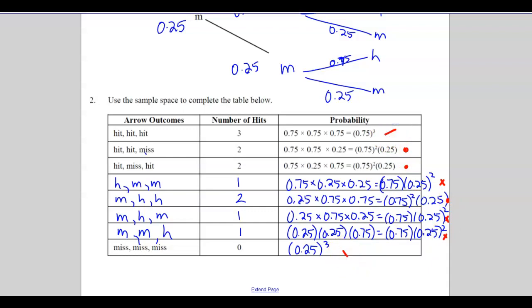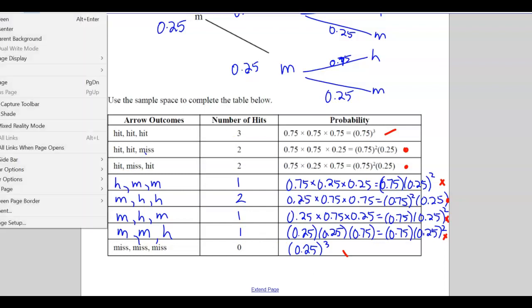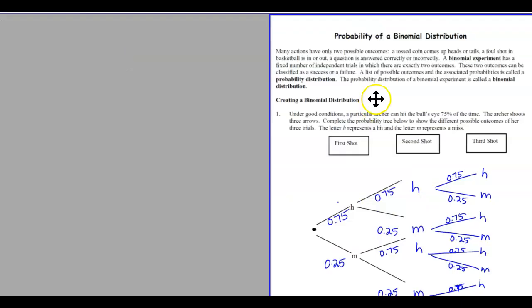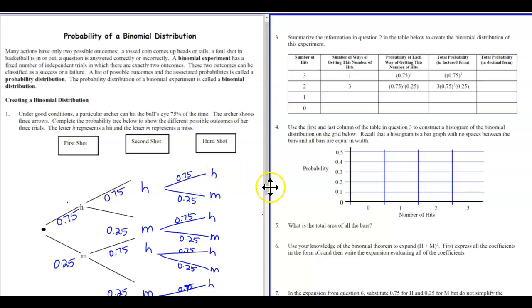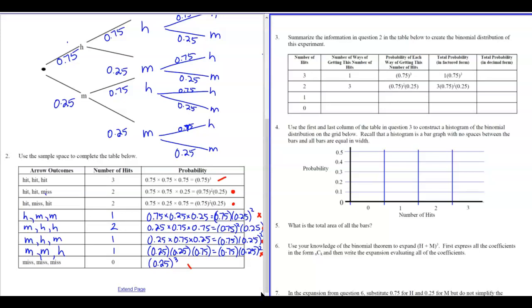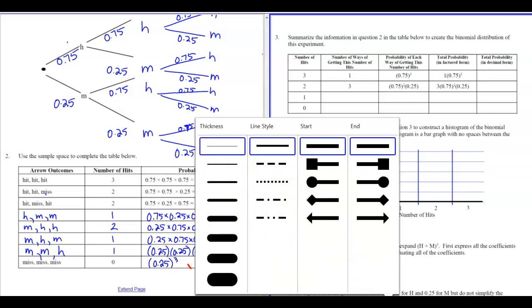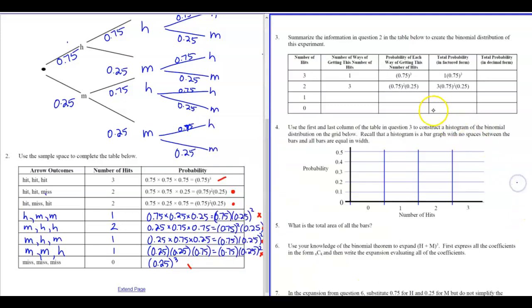To summarize in the next chart, let me just split the screen here. We can summarize because there's common outcomes.